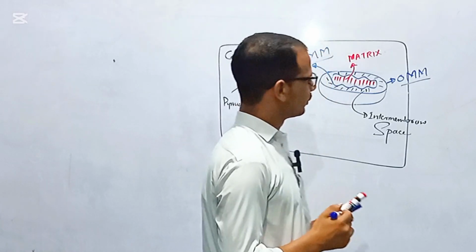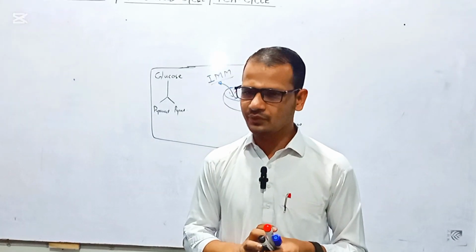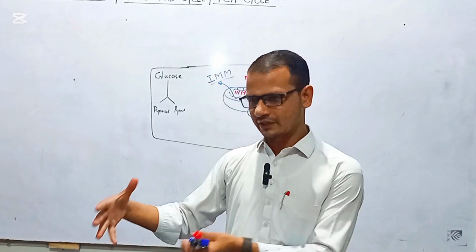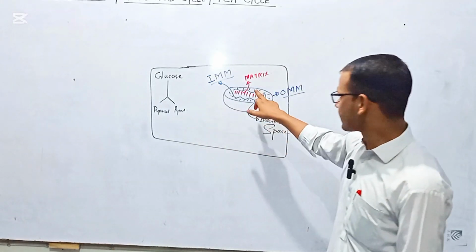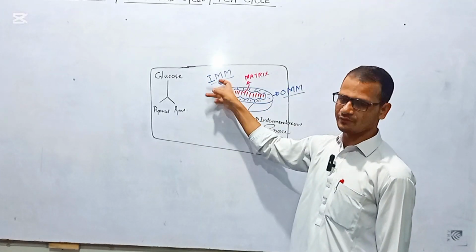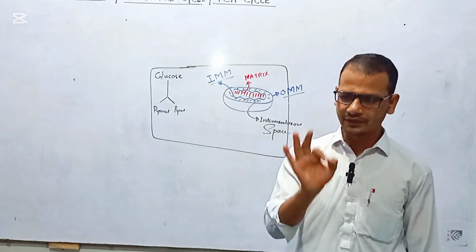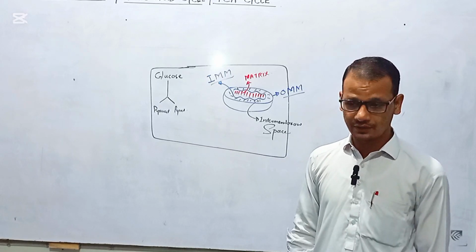Now, what are the unique characteristics of the outer mitochondrial membrane? It is very, very permeable to a lot of things. It can allow things from outside to inside the mitochondria. But the inner membrane is impermeable, semi-permeable. It will allow only the needed substances to enter into the matrix of mitochondria, right?